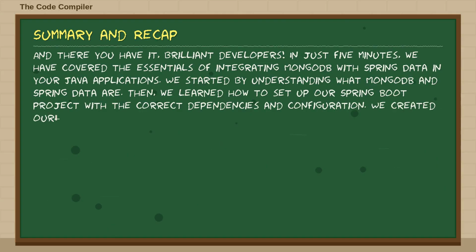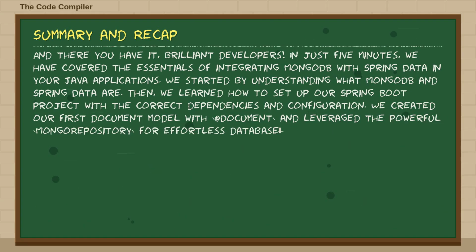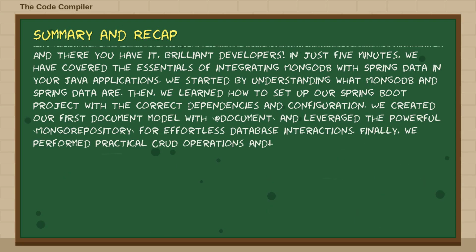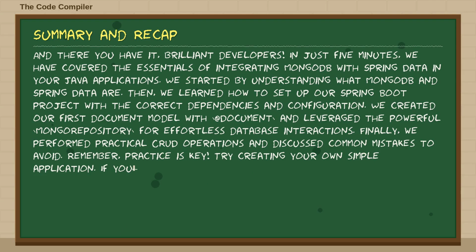We created our first document model with @Document and leveraged the powerful MongoRepository for effortless database interactions. Finally, we performed practical CRUD operations and discussed common mistakes to avoid. Remember, practice is key. Try creating your own simple application.